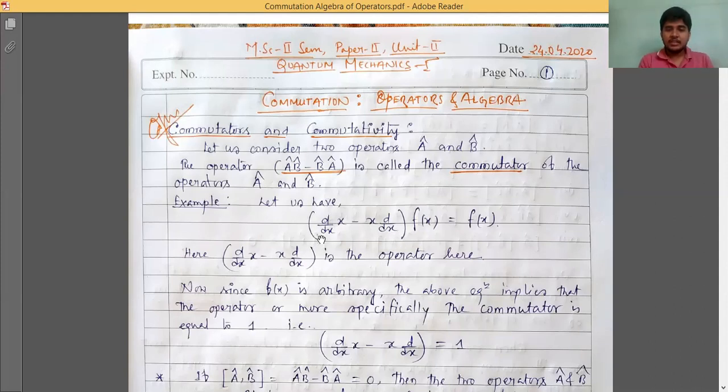Also you can see that this commutator, while operating on our given function f(x), produces the result f(x). That means the result and the given function are the same thing. So this commutator has the value of unity, that is 1, as you can see.